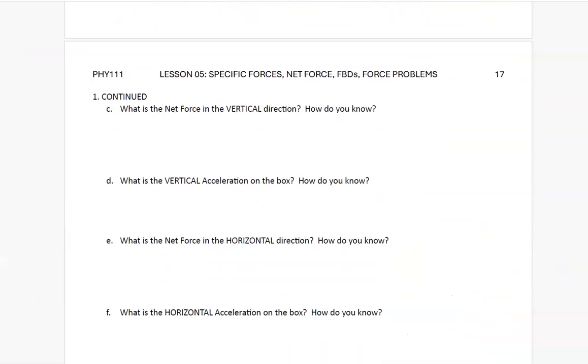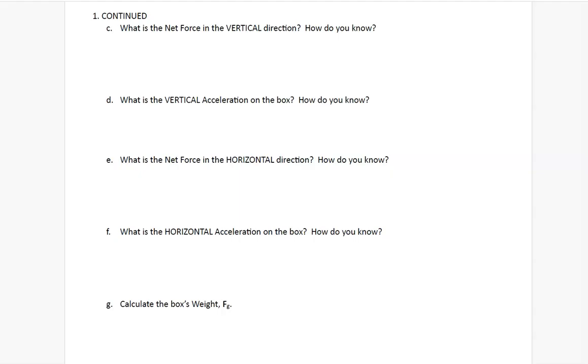solve this. So the first question says, what is the net force in the vertical direction? How do you know? Well, we've already figured out that the vertical net force, we can write net force sub y, or we can write sum of the forces in the y direction.